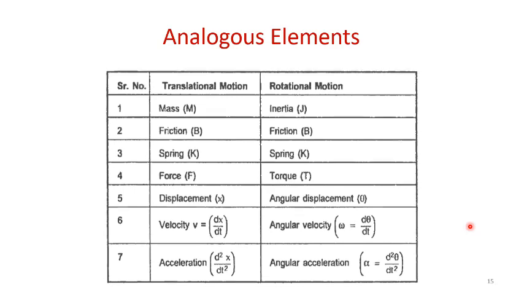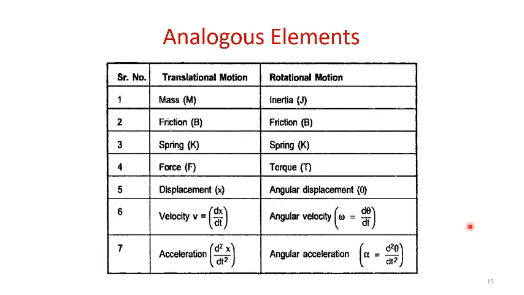Next, we need to look at the analogous elements between translational motion and rotational motion. This table helps us understand the analogy between the two. In translational motion, we use mass as an element, and in rotation we use the polar moment of inertia, or inertia.